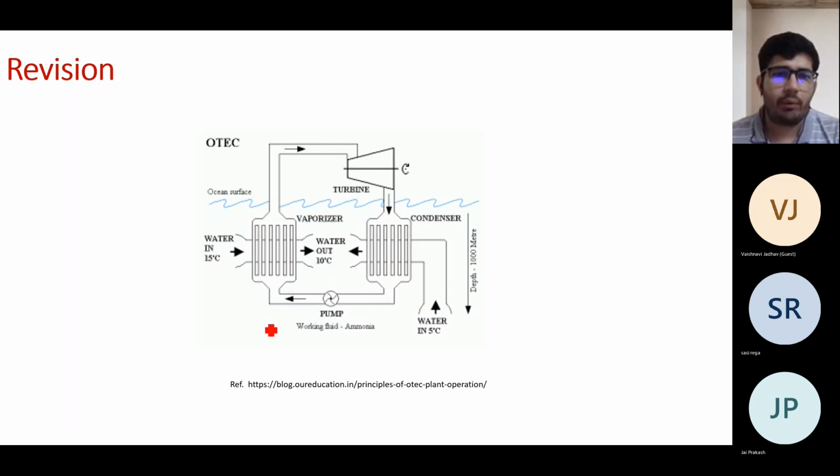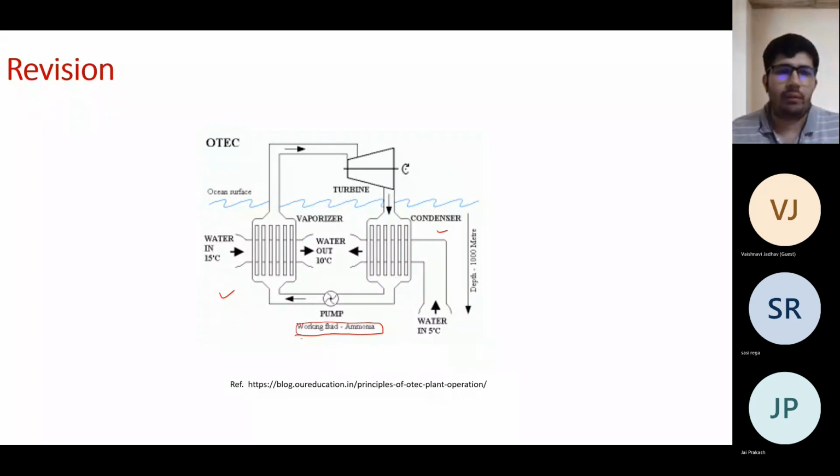So in this diagram you can easily see that we are having a vaporizer and a condenser. Actually this is a closed system. The working fluid is ammonia. We are using a working fluid ammonia.